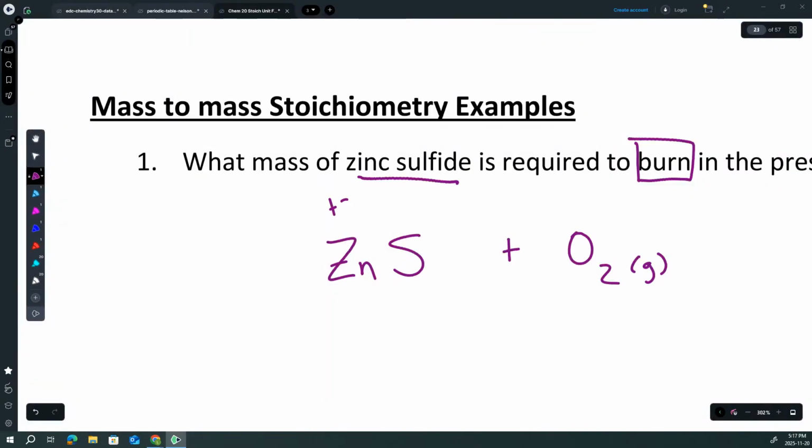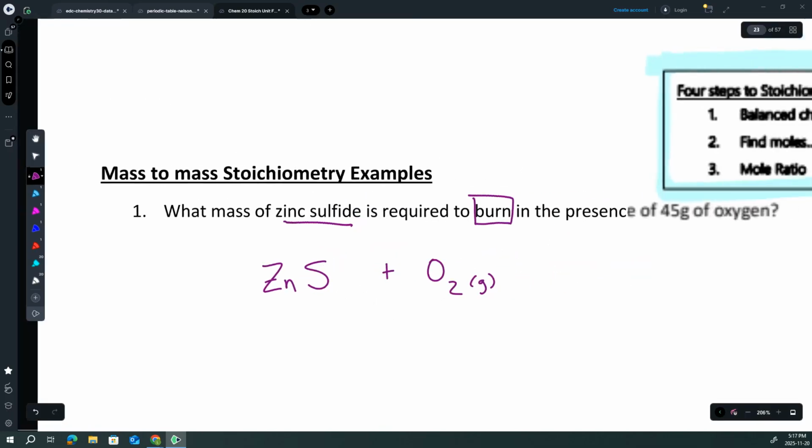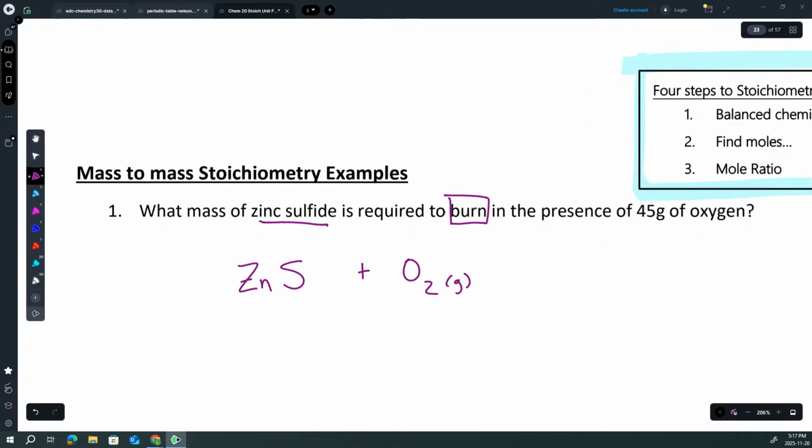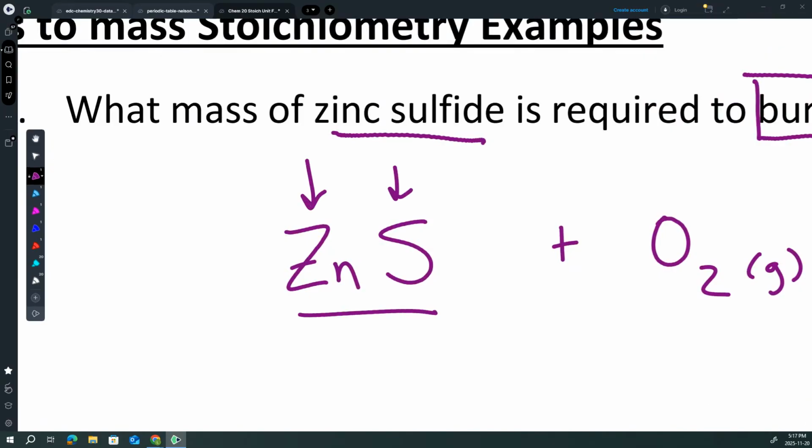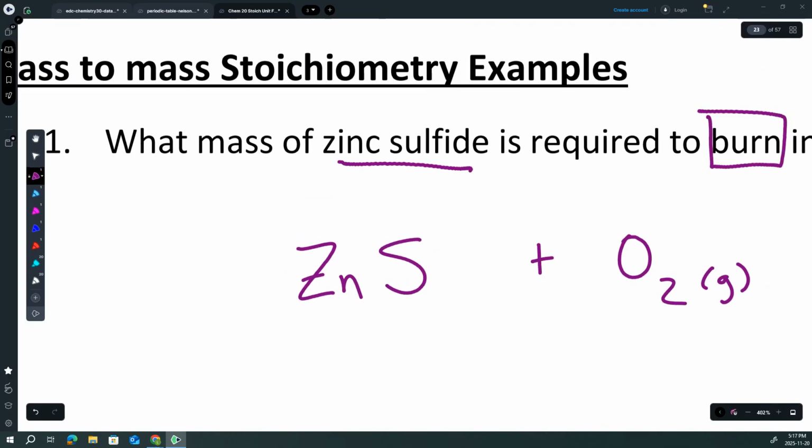So this is +2 and -2. 2 minus 2 is equal to 0, so this compound is already balanced. Since there isn't the mention of any solutions, and since this is an ionic compound because you have a metal and a non-metal bonded together, we can assume that this is going to start off as a solid here.